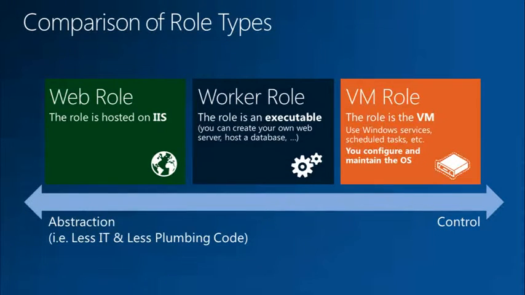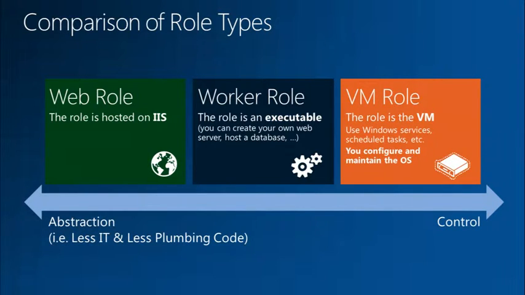So just think of it as a service that runs in the background. You could also expose endpoints on your worker role if you wanted to host some code that's doing something else or interacting with other services. You can add additional endpoints there, even though it's not running IIS.